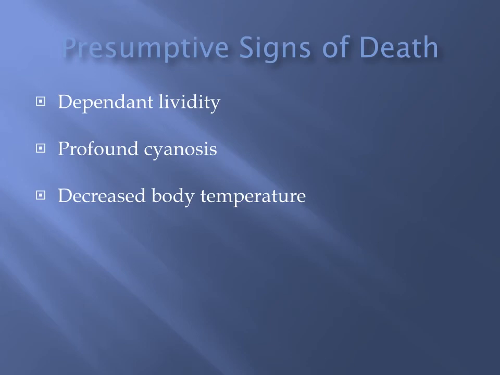And when there's a loss of pressure in that vasculature system, all of that fluid is going to leak out of the vascular space and go to the lowest part of the body due to gravity. That blood is going to rest upon that tissue or skin and create these purplish splotches that we call lividity.